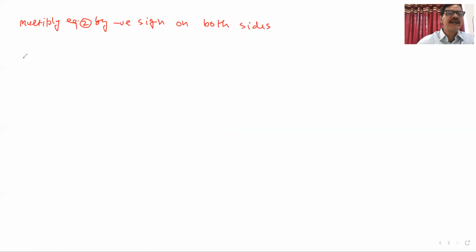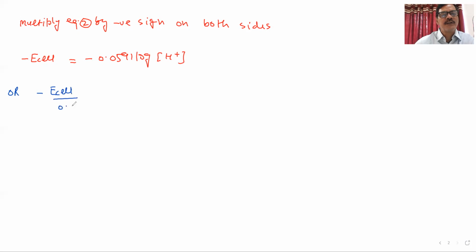So here we will get negative E cell equals to negative 0.0591 into log H positive, or we can write it as minus E cell upon 0.0591 becomes equals to negative log H positive.